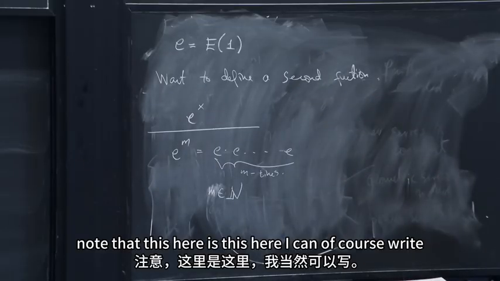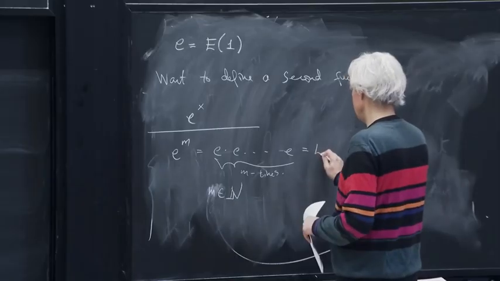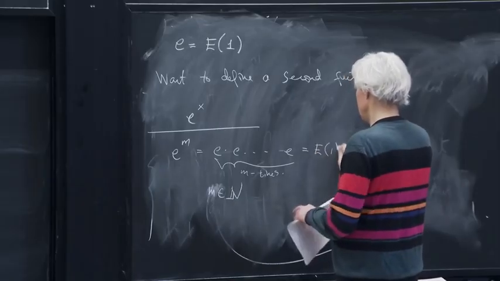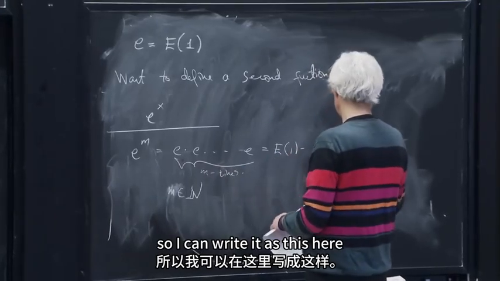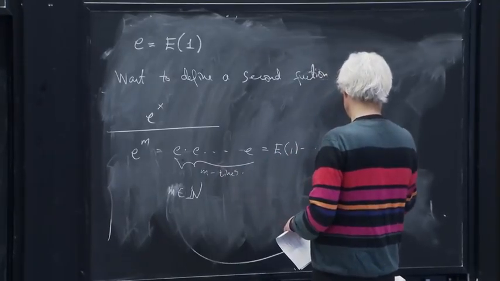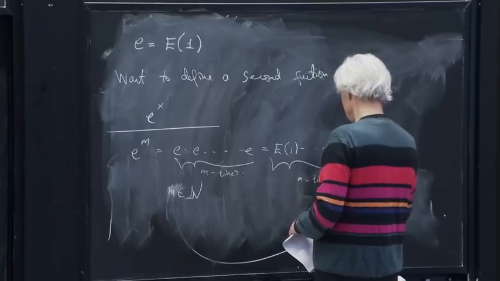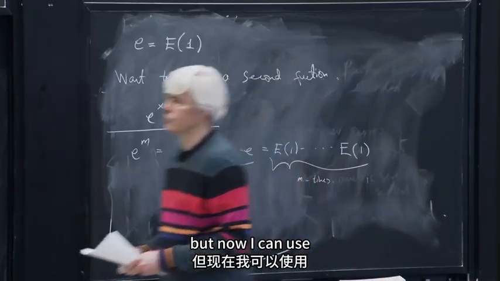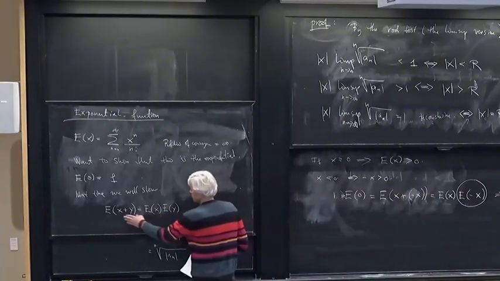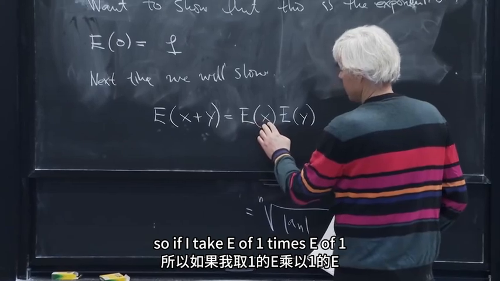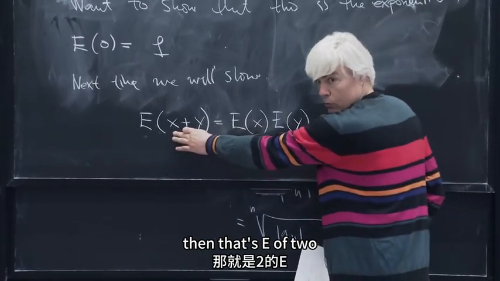Note that this here I can of course write as E. This is what E is. So I can write it as this here, m times. But now I can use this here that I will prove next time again. So if I take E of 1 times E of 1, then that's E of 2.